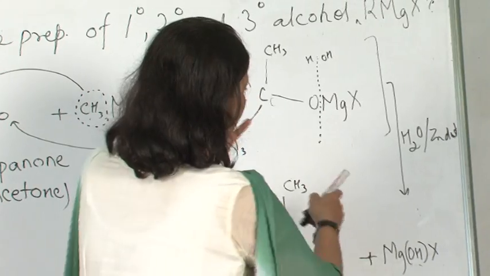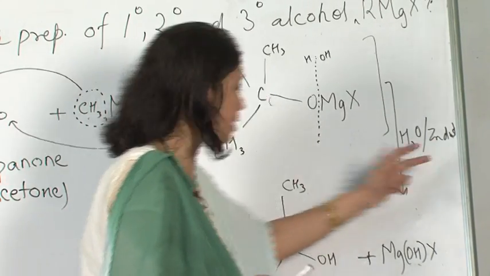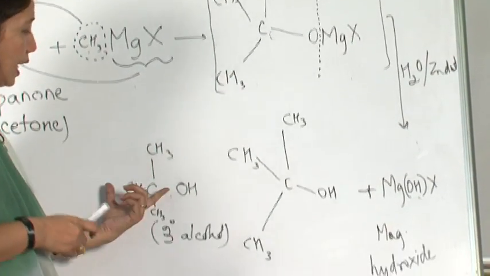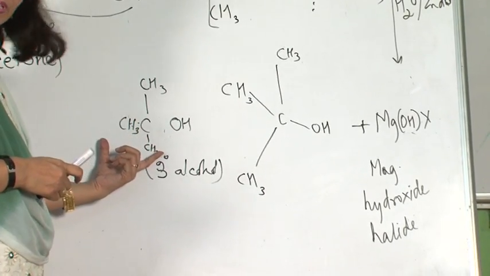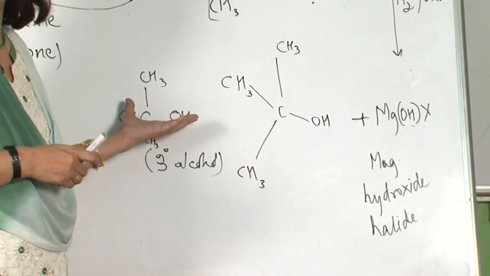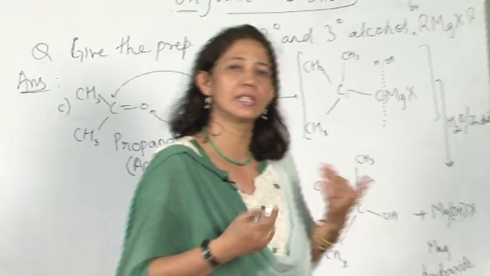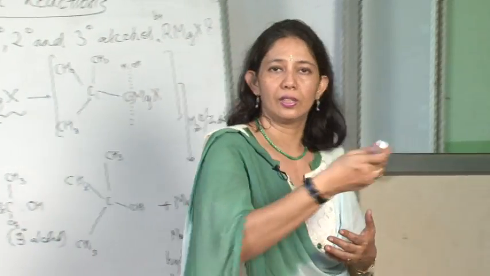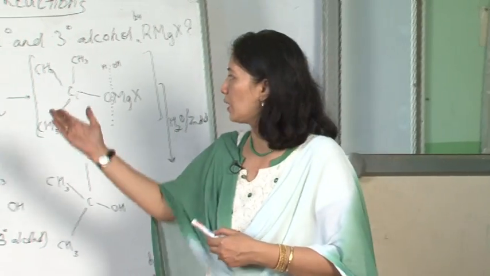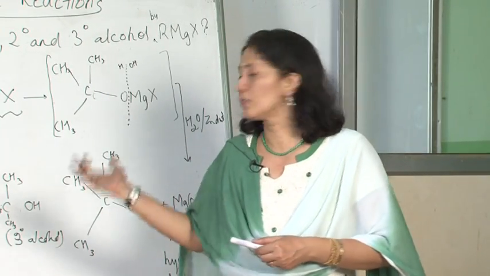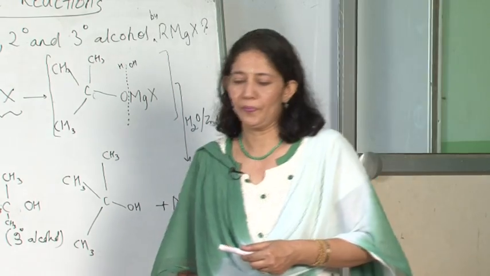This undergoes hydrolysis in presence of zinc dust, and you get an alcohol, either a primary, a secondary or a tertiary. When I start with formaldehyde, I am going to get a primary alcohol. Starting with acetaldehyde or other aldehydes, I am going to get a secondary, and when I start with a ketone, a ketone will always give rise to a 3 degree alcohol.